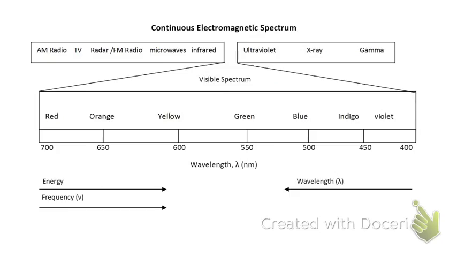Alright, this is one of the most important charts in this lecture video, and that is, this shows the overall continuous electromagnetic spectrum of all light. Okay, so we're going to label some things here in this electromagnetic spectrum.